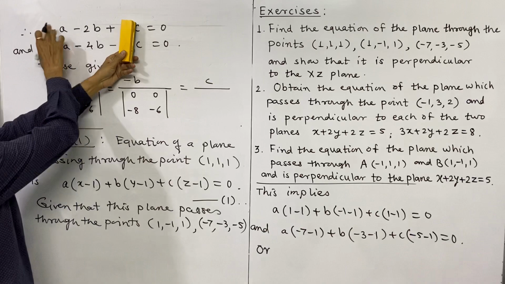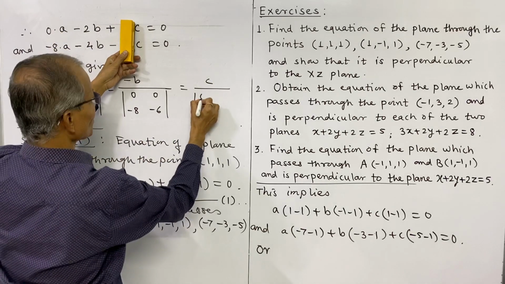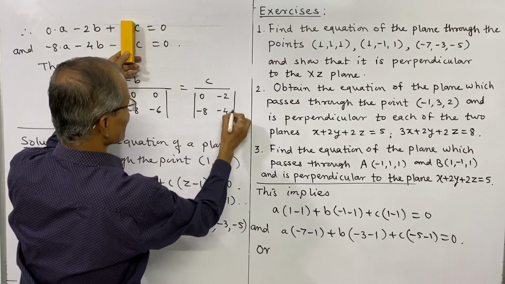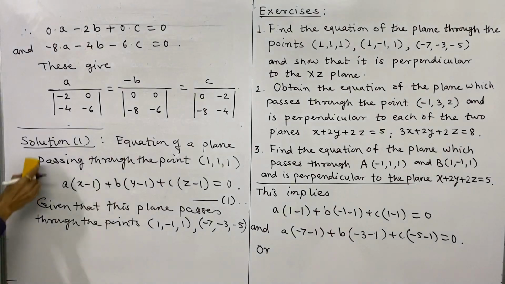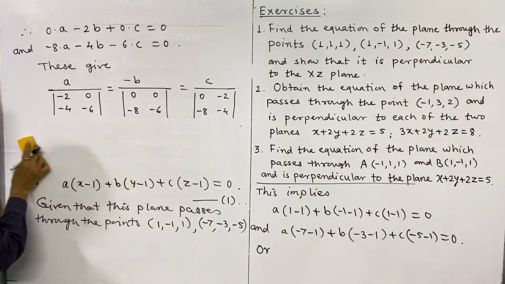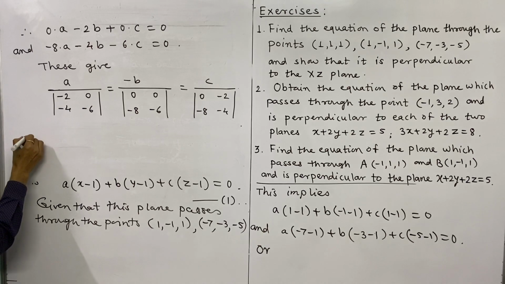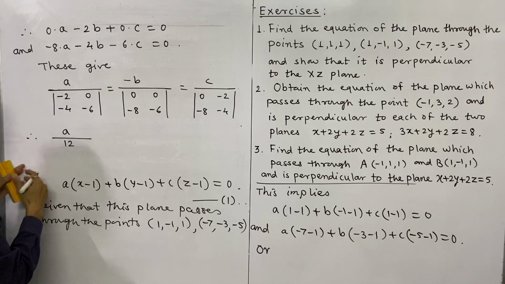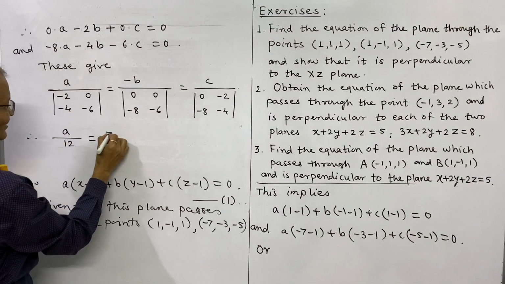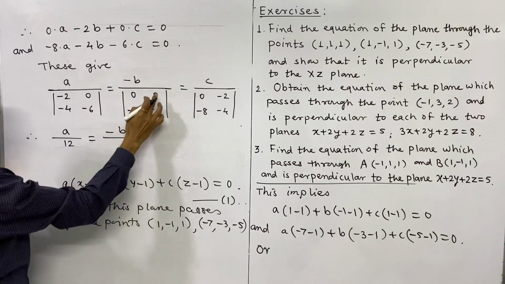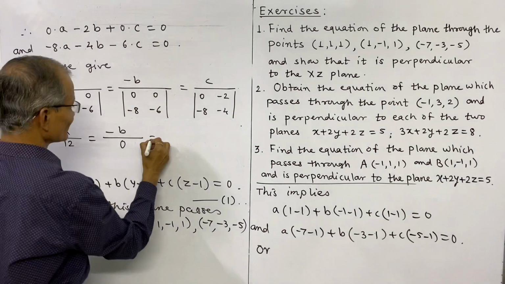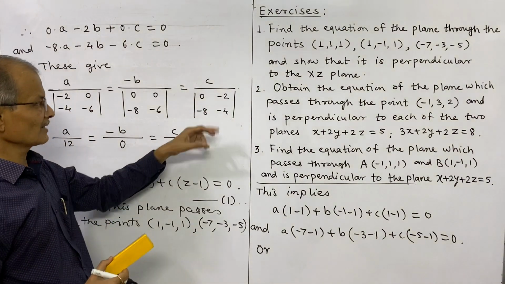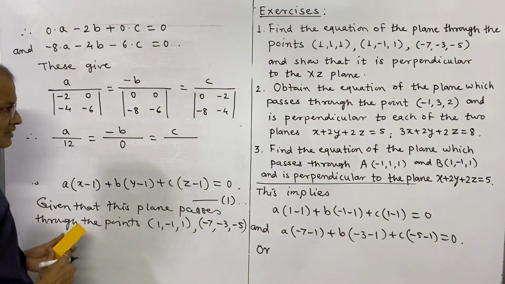Hide this and write this determinant column wise 0, -8, -2, -4, and thus get these values at the denominator, and this gives a divided by, it is 12 only, and further this is negative b divided by 0 it is, and this is c divided by, and that is 0, -16, yes, it is -16.